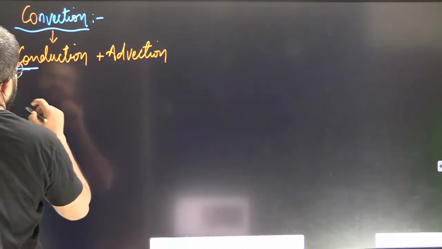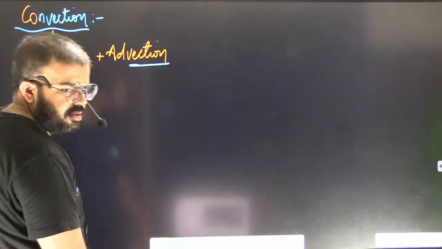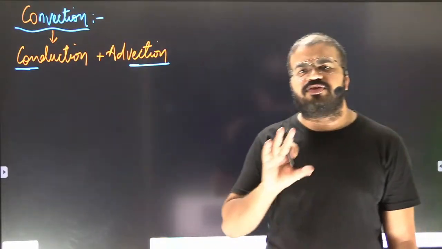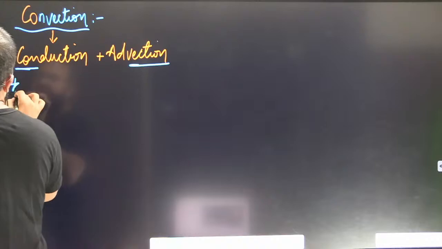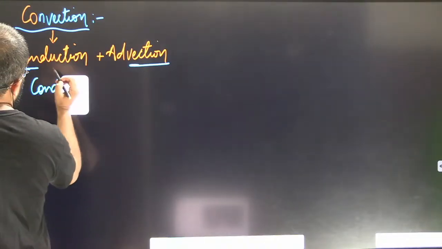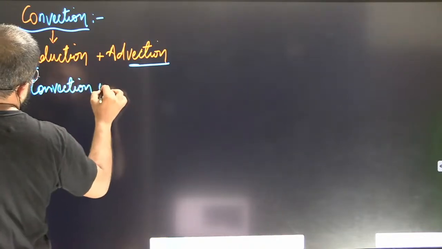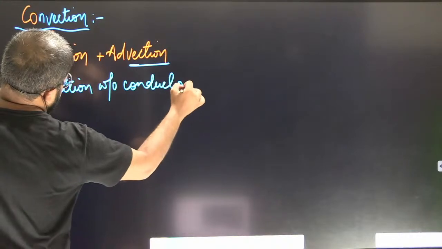Conduction से con उठाया, advection से vection उठाया, convection बनाया. It means that convection without conduction is not possible. What do we infer from here? Convection without conduction is impossible.